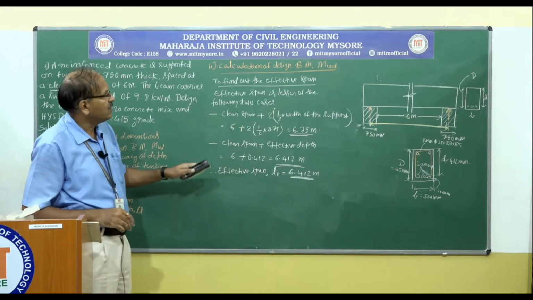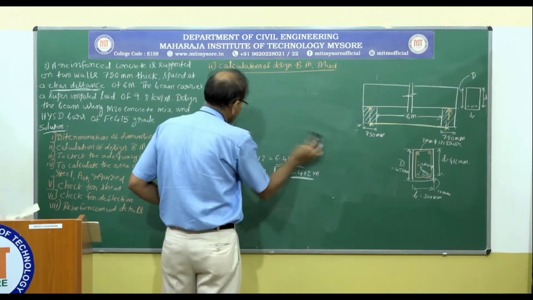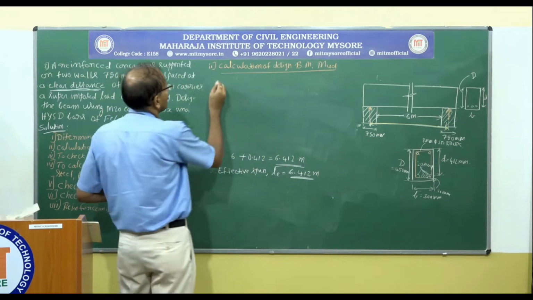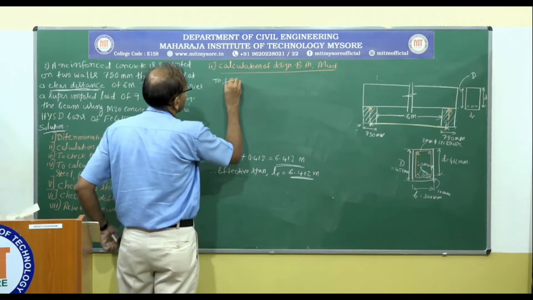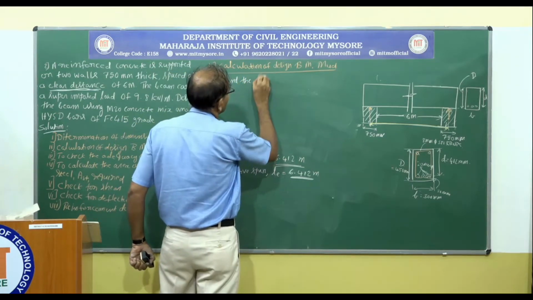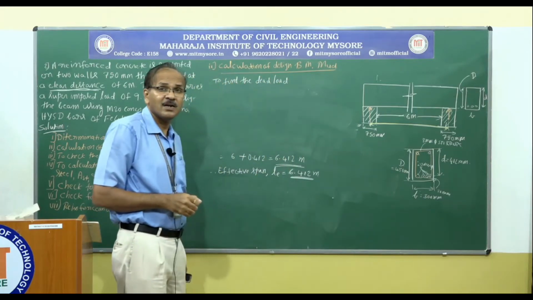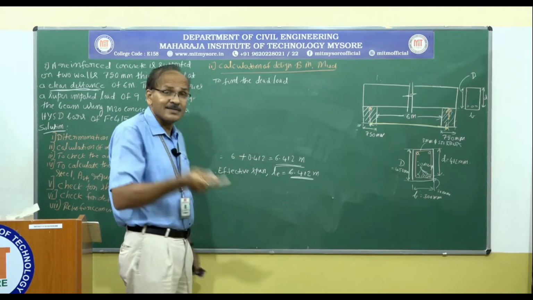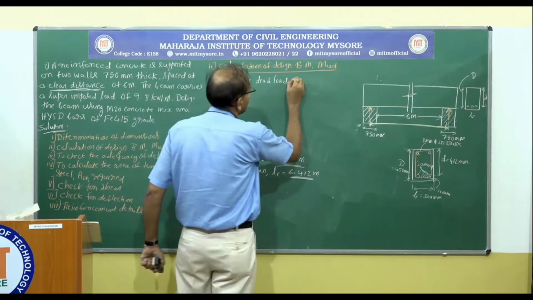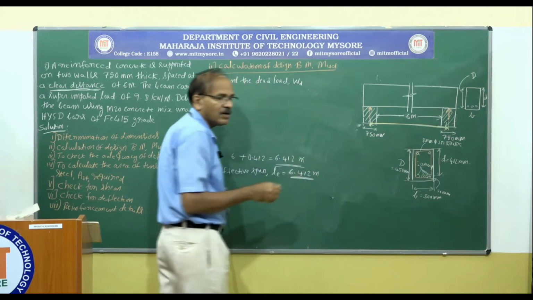The next step is to find the self weight of the beam. To find the dead load. So in this case, dead load is the self weight of the beam, there is no other dead load. Okay, I am going to call that dead load as WD.